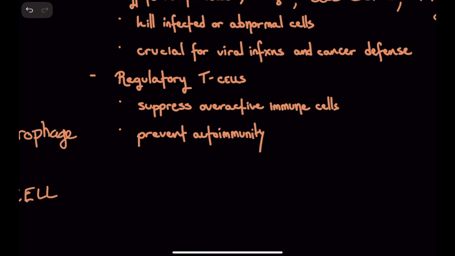As I mentioned with neutrophils, and as I just mentioned with cytotoxic T cells, whenever they're activated, they have to secrete a lot of dangerous compounds. So we want to make sure that is kept in check, and our regulatory T cells do that. They make sure that the cells are not overreacting too much. Okay?